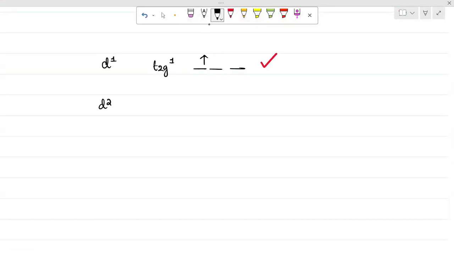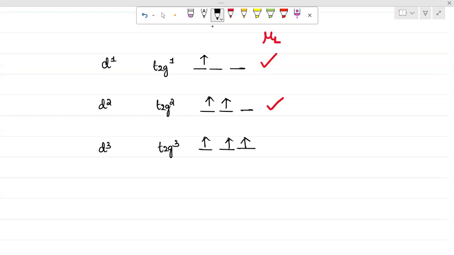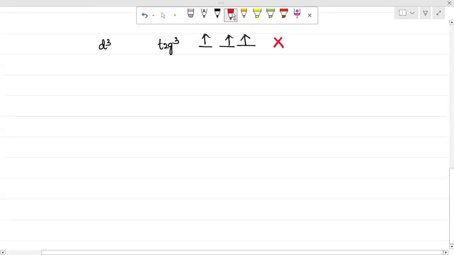Let's say you have D2, T2G2 it's going to be, which is also unsymmetrically distributed. This will also show orbital contribution. Let's say you have D3, which is T2G3. Oh, sorry, I have written 6. T2G3. So here if you can see, this is a symmetrical distribution and hence no orbital contribution.